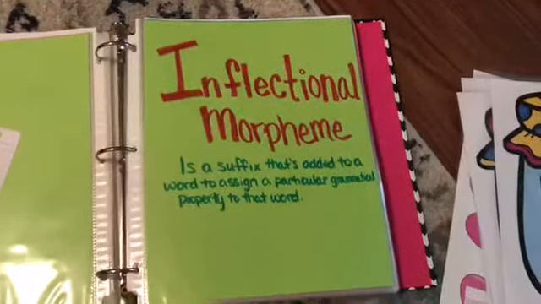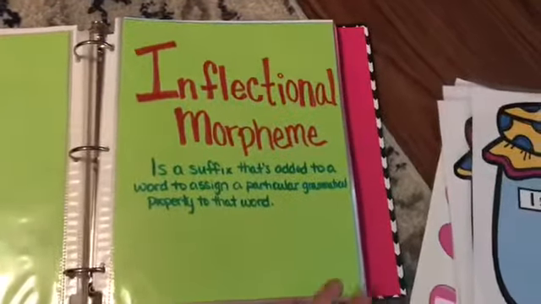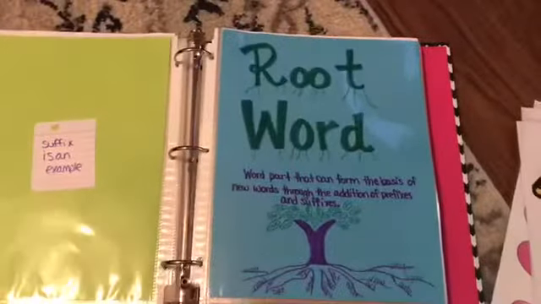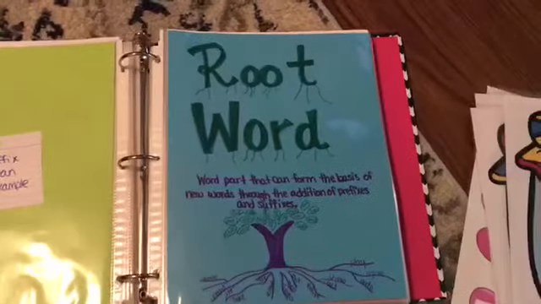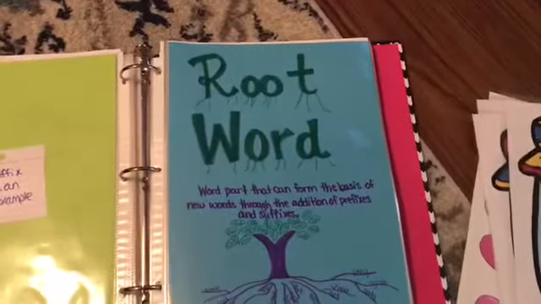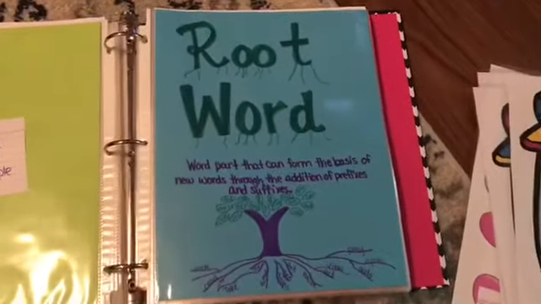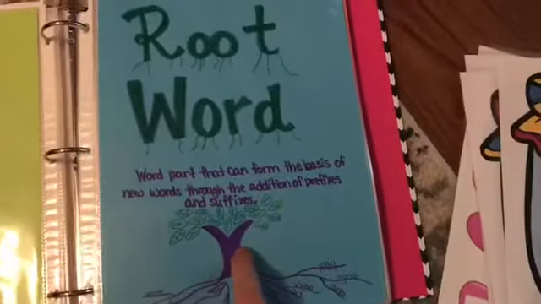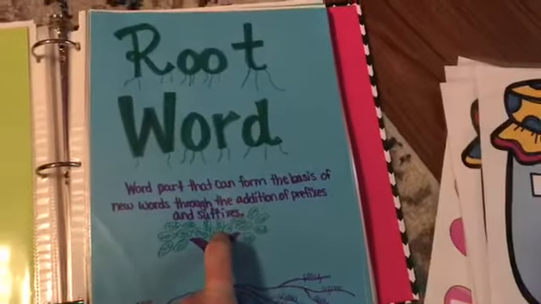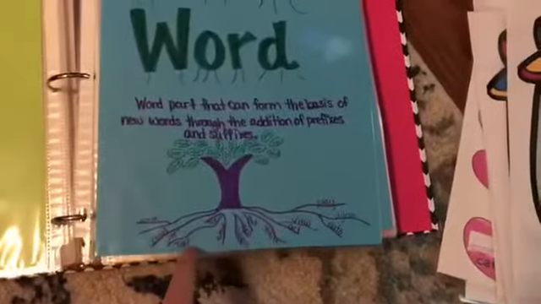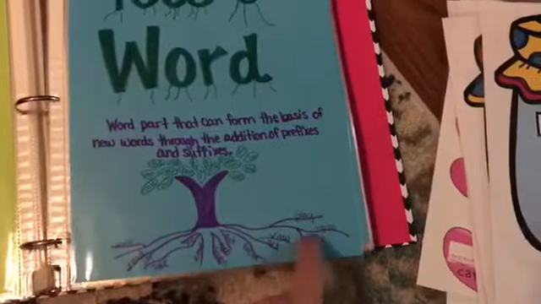Inflectional morpheme is a suffix that's added to the word to assign a particular grammatical property to that word. So root word is going to be our example. It's a word part that can form the basis of a new word through the addition of prefixes and suffixes. So you have your tree, and then you have all of your prefixes and suffixes on the leaves, and then down here you'll see the root, and these are the root words where you could add the prefixes and suffixes to.